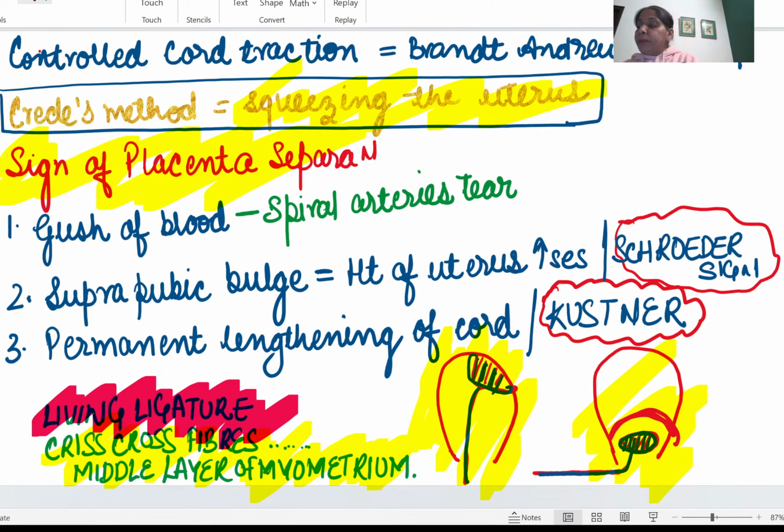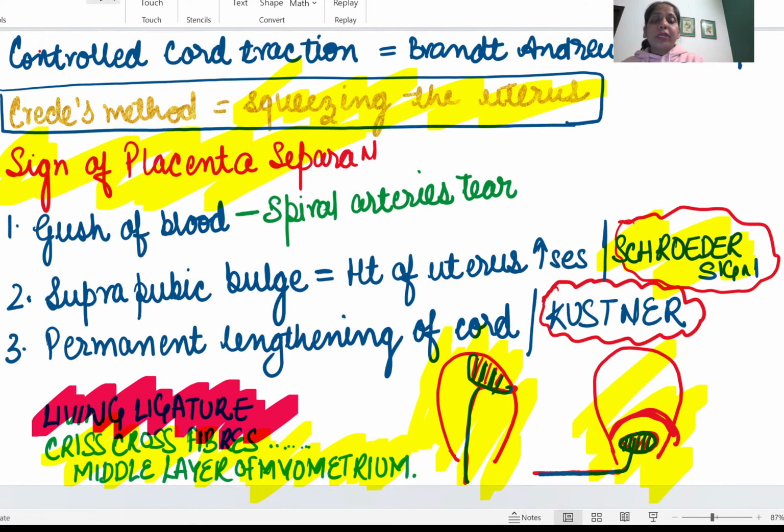The placenta has come down into the suprapubic area, and that is why the height of the uterus will increase. This is known as Schroeder's sign.